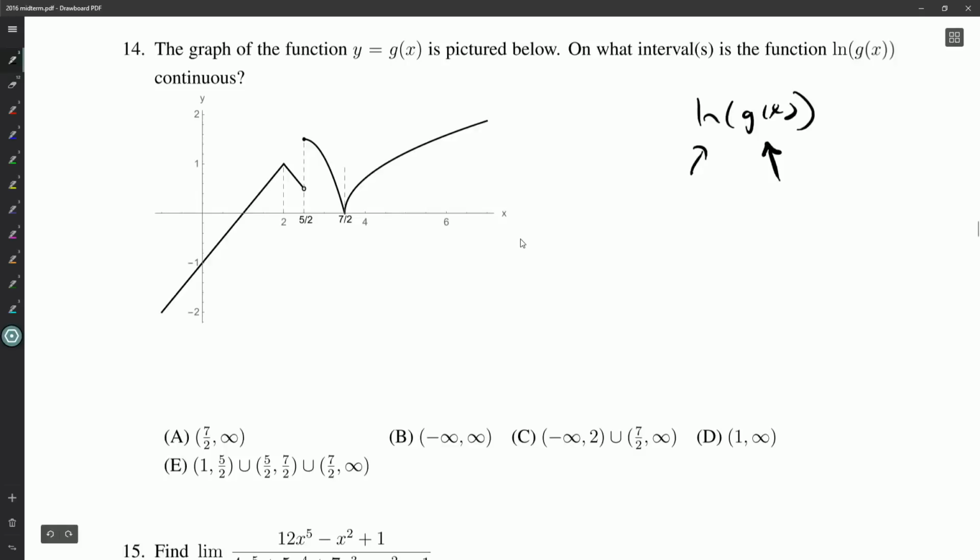So ln only allows certain values. ln of x has domain 0 up to infinity. So down here where g of x becomes negative, I can't put those values in there. That's kind of interesting, and that also narrows some things down for us.